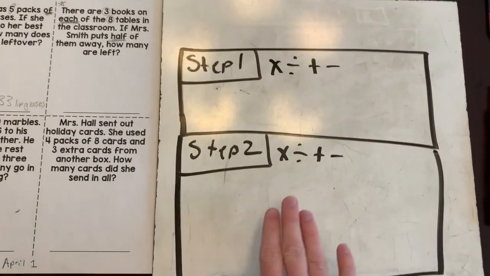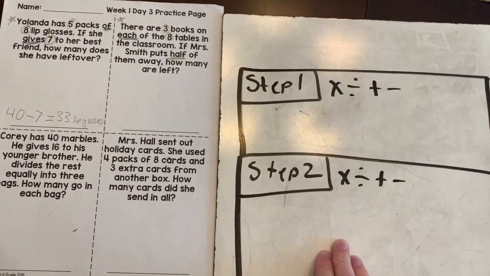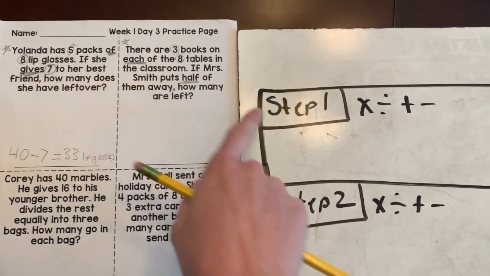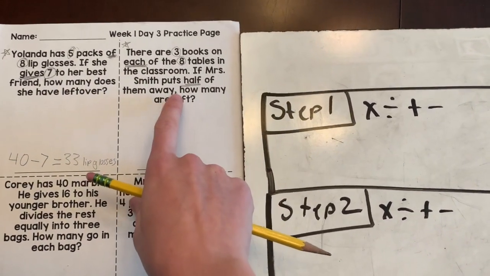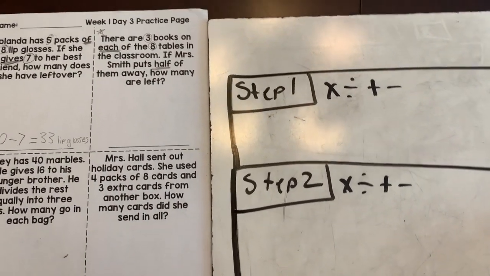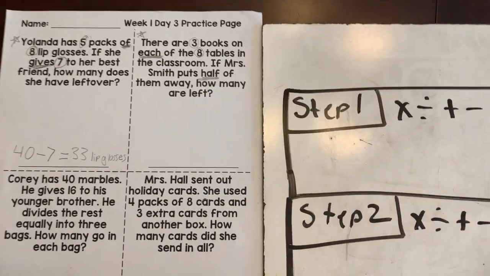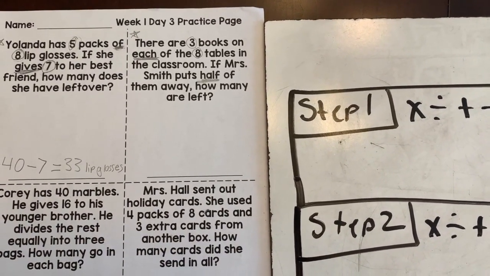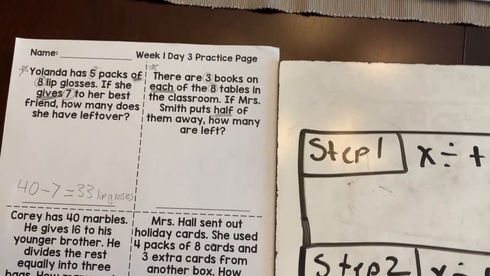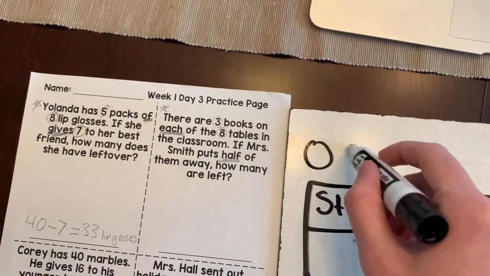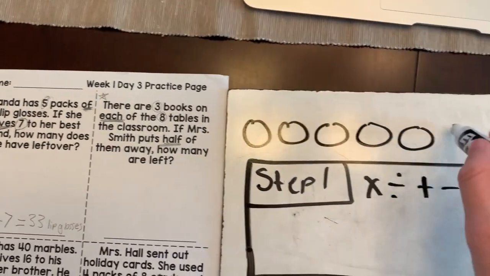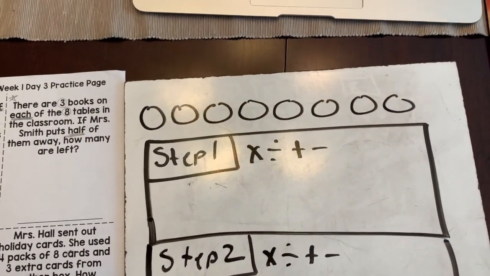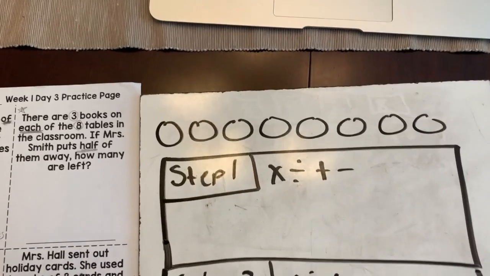Now, let's use our whiteboards. Usually, you are going to see that the first sentence is the first step and the second sentence is the second step. So, let's go to the first sentence. There are 3 books on each of the 8 tables in the classroom. If I draw 8 tables, how many books are on each table? 3.